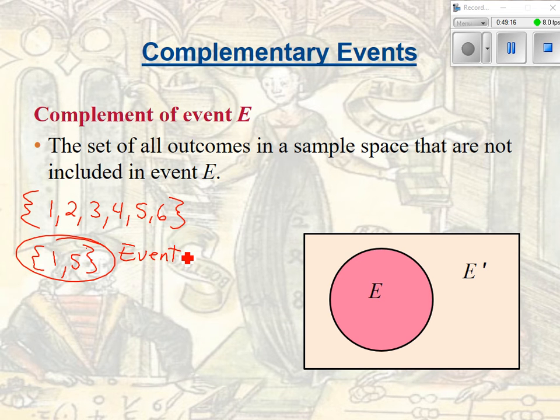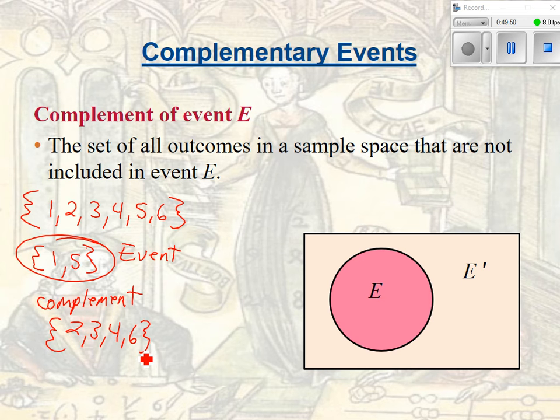When you're doing the complement of it, the complement is everything out of the sample space other than those. So the complement of that event would just be 2, 3, 4, and 6. So the complement is everything else. So you got the event, then you got everything else. That's the complement. That's all a complement is.